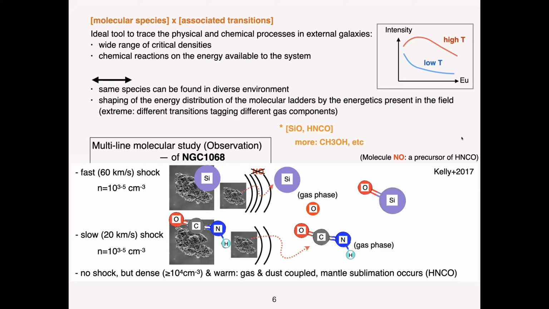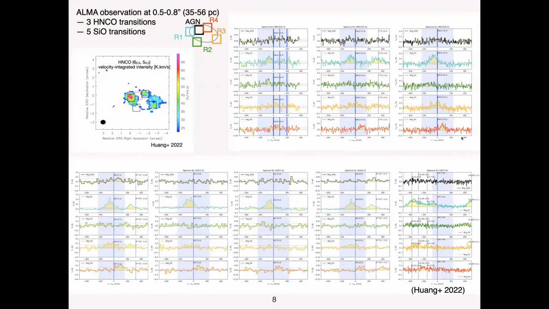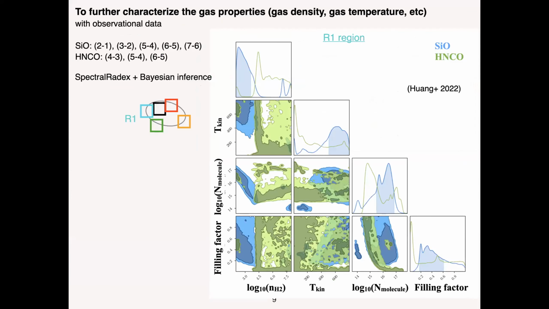If you compare the physical conditions that you get with SiO and HNCO to previous studies, do you find similar physical conditions, or is it different because those molecules are tracing different gas components? In the literature, several analyses often just jam all the species and all transitions together. First of all, it might not be well constrained, and this is what we also saw in the first preliminary stage of this project.